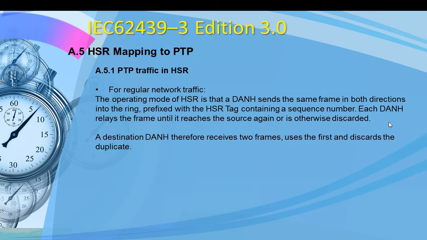Each DANH relays the frame until it reaches the source again, or it's otherwise discarded. The destination DANH therefore receives 2 frames. Use the first and discard the duplicate, which means forward the first frame but discard the second frame.